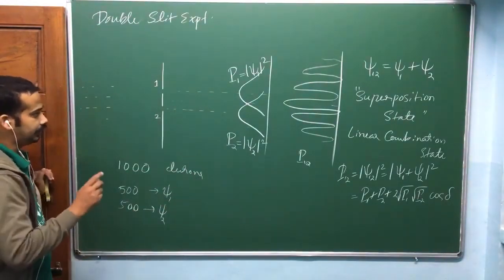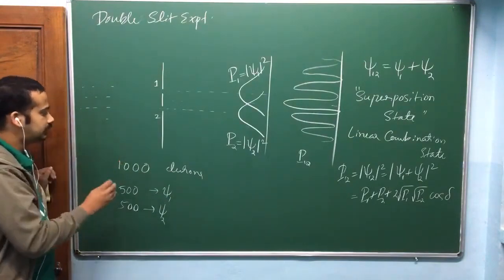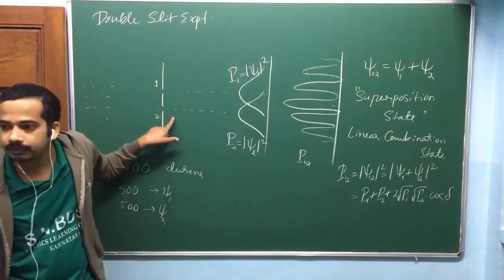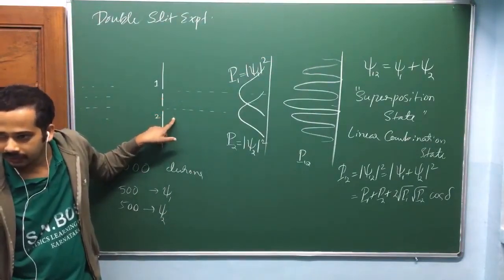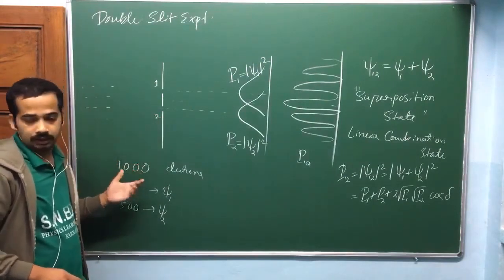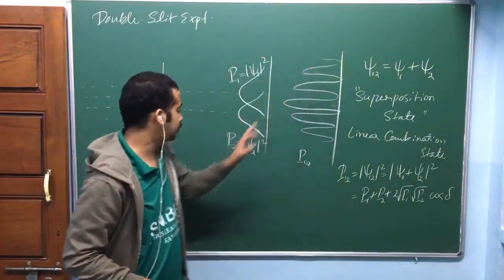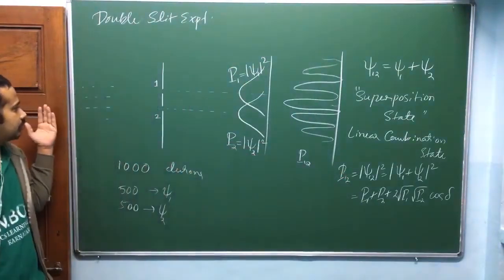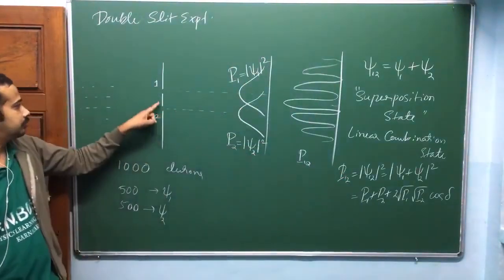Now again, our common sense says that whatever electrons are received here should be from either this slit or this slit, isn't it? If I shoot 1000 electrons, not all of them may reach the screen, some may hit this one.